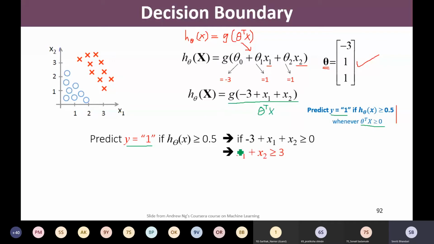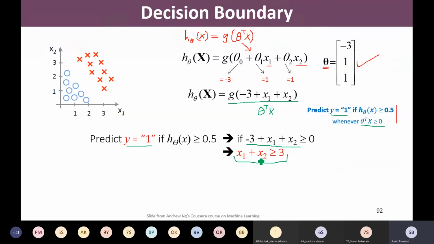If -3 plus x1 plus x2 is greater than or equal to 0, we predict the sample as y equal to 1. If we simplify this expression, -3 plus x1 plus x2 greater than or equal to 0, we get x1 plus x2 is greater than or equal to 3.